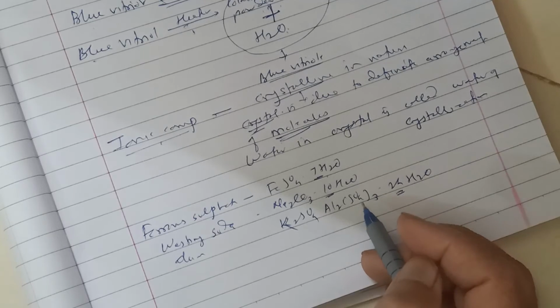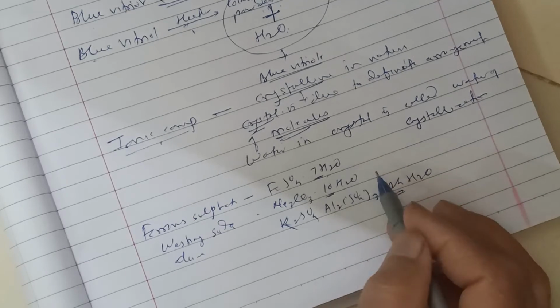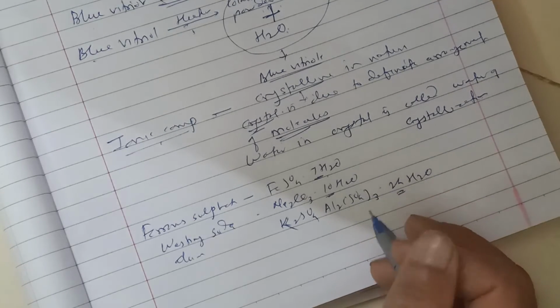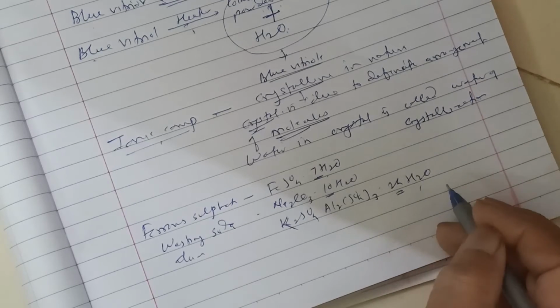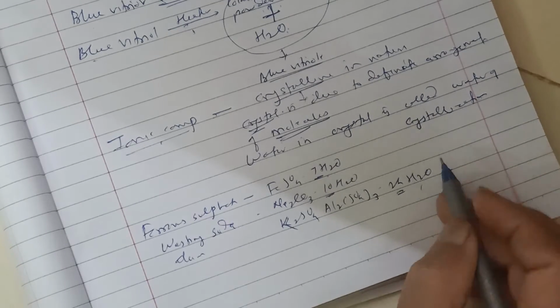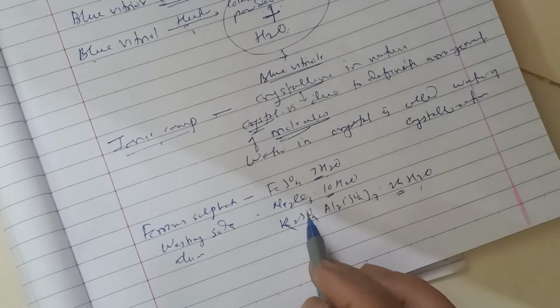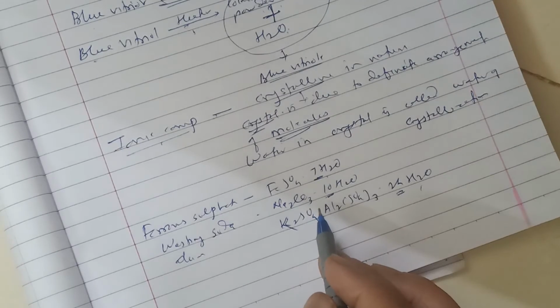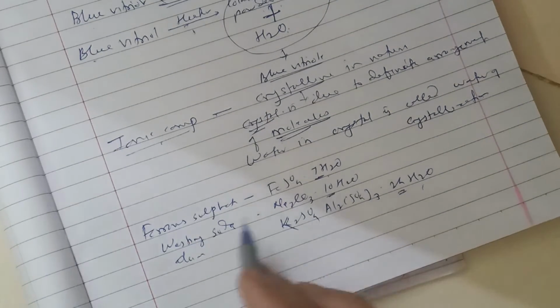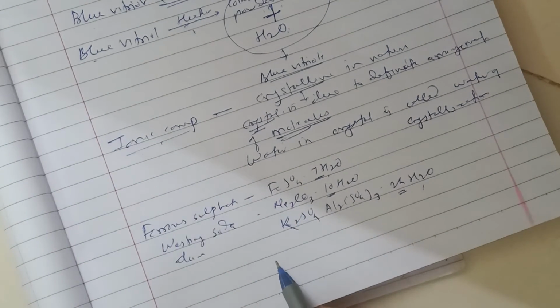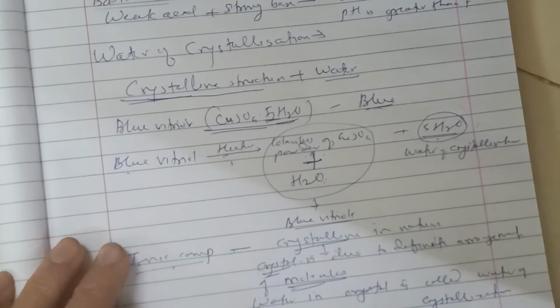Water molecules are part of the internal arrangement of the crystals. On heating, water molecules are released into the air, and only a colorless powder remains, and it loses its shape. So ionic compounds are crystalline structures present because of the water molecules.